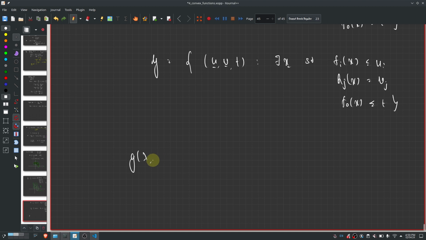Remember that g of lambda, nu is basically the infimum over all possible x of L of x, lambda, nu, which, if you think about it carefully, is also equal to the infimum over, if I want to bring it in terms of G, what is L of x, lambda, nu equal to? Let me start with that instead.